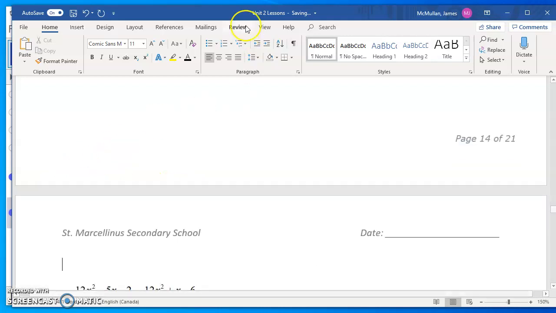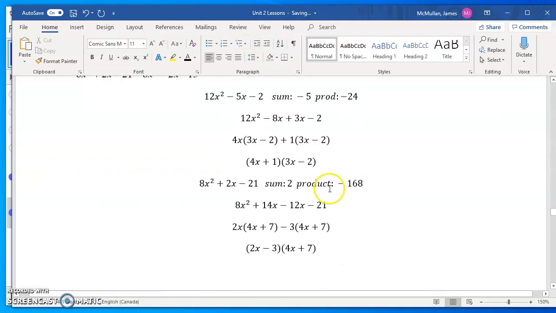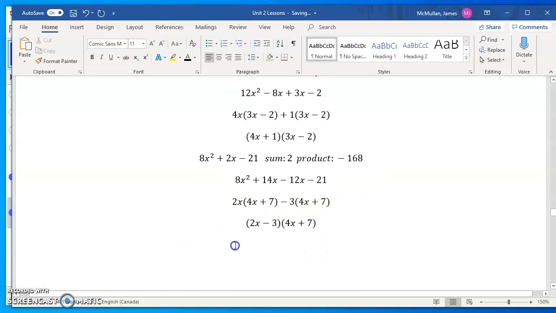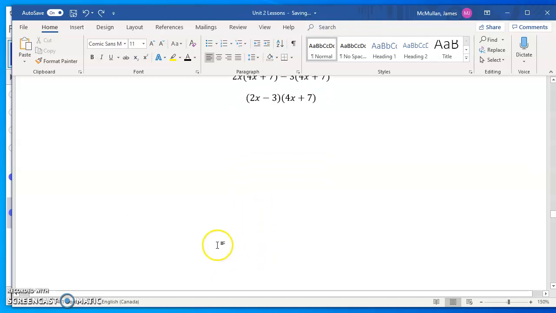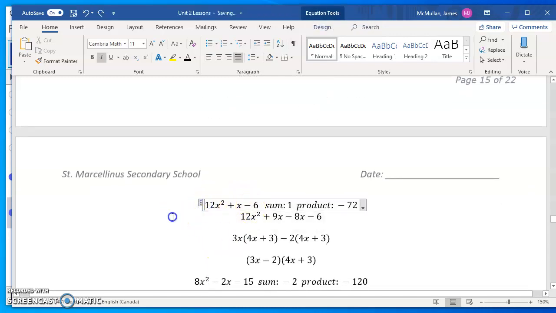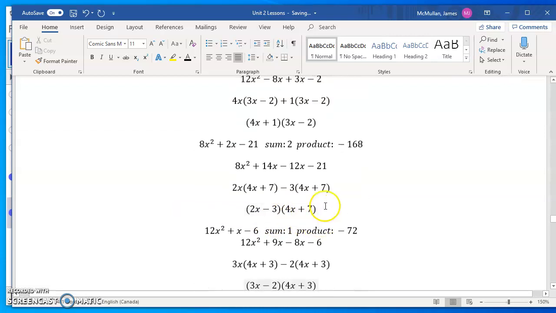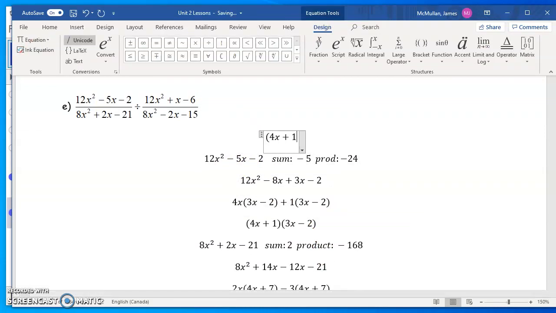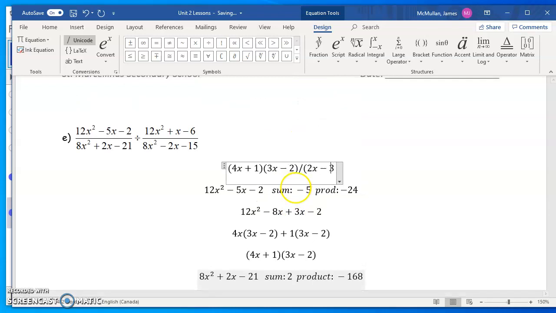So let's see if we can kind of get this on one page for a sec. Okay, so to write this out all in one step, we have 4x plus 1 times 3x minus 2, divided by 2x minus 3, 4x plus 7.